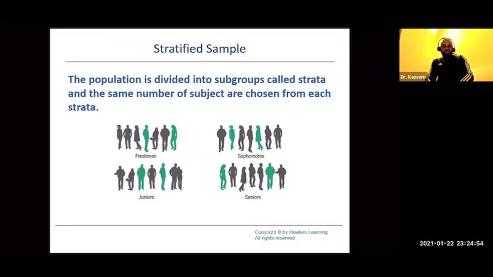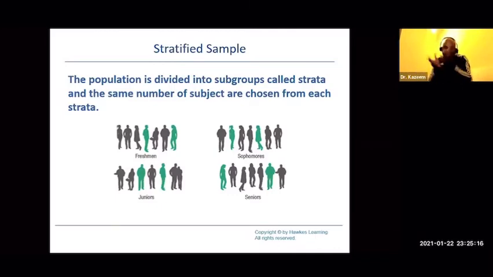If we use simple random sample, it could be misleading because there's a possibility we're going to choose from one group, and that is not going to be a good representative of the population.